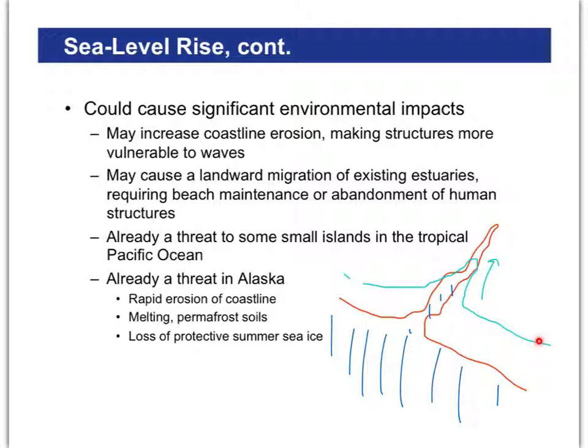We talked about tropical islands in the Pacific Ocean. Tuvalu is already threatened by sea level rise, not very high above sea level, and the rising water could be the end of that island nation as we know it. Even Alaska, which is a large chunk of land, we've seen that the coastline has been really rapidly eroded, also because of permafrost.